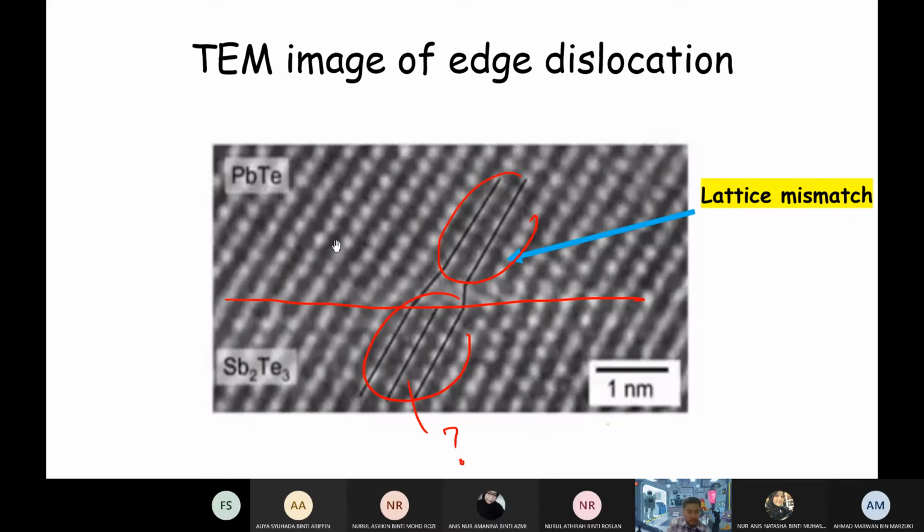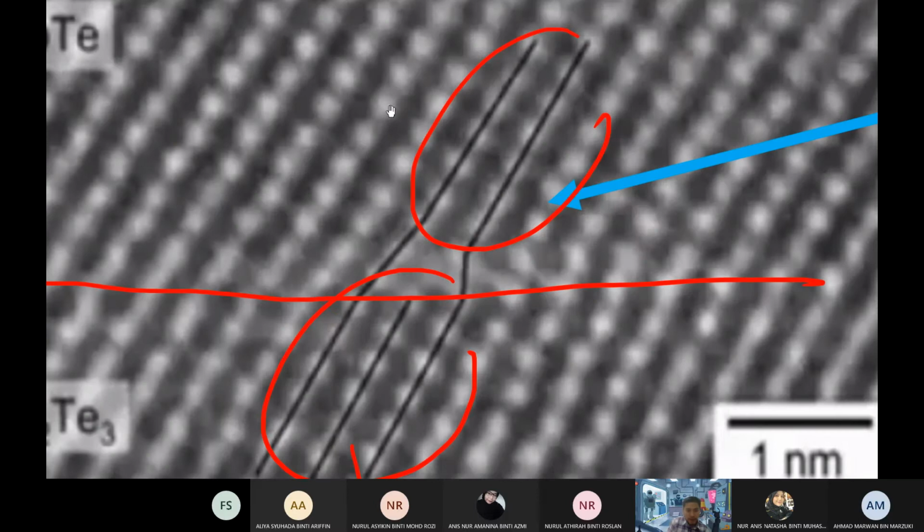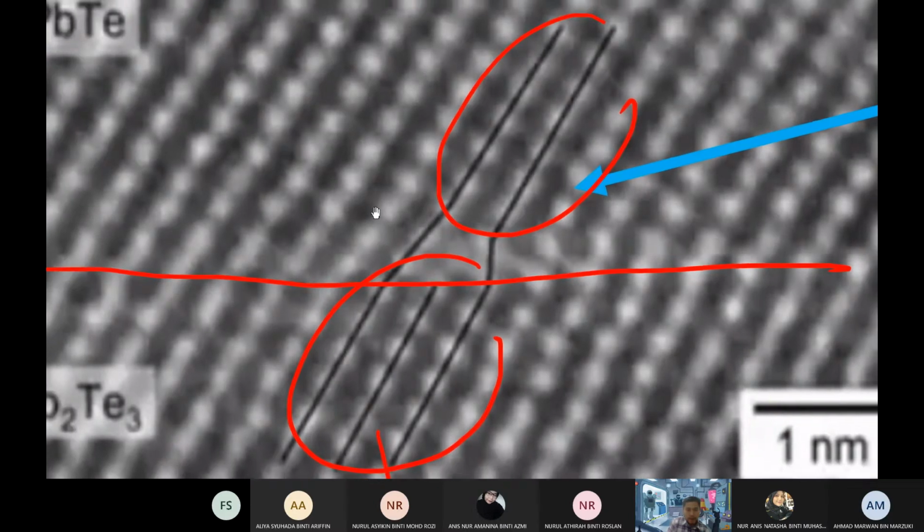Saya zoom. Okay, if you look at the picture here, what can you see at the above region here? Apa yang you boleh nampak? Dia dua jadi satu. At the above region here, we have an extra line, kan?